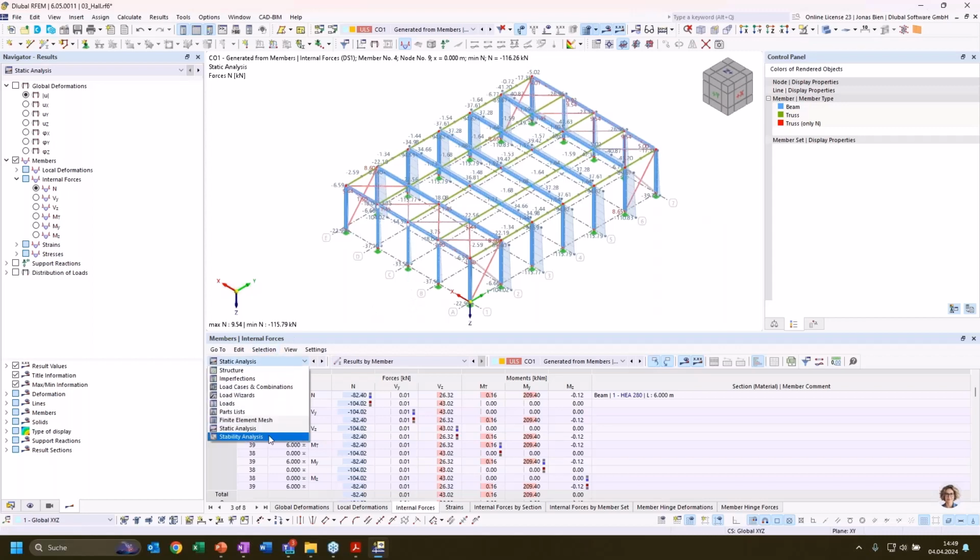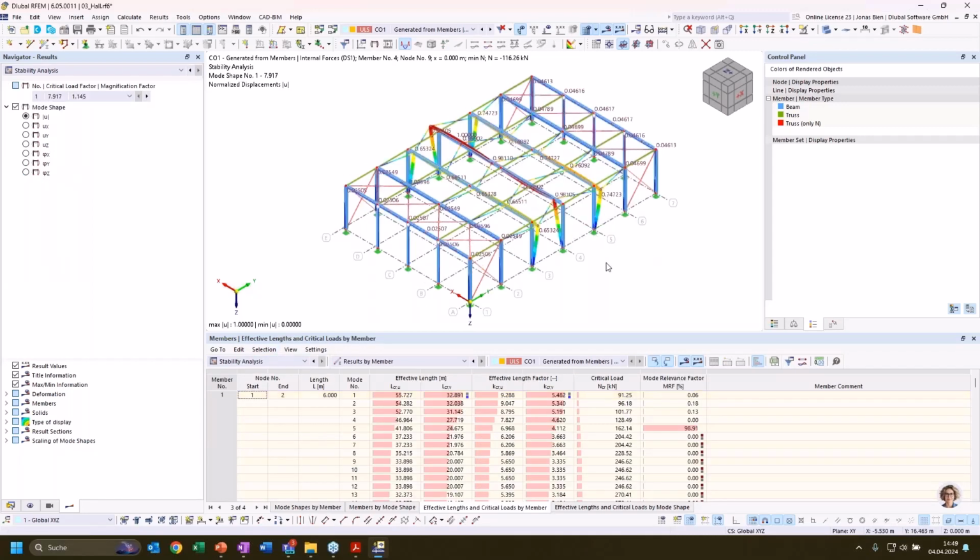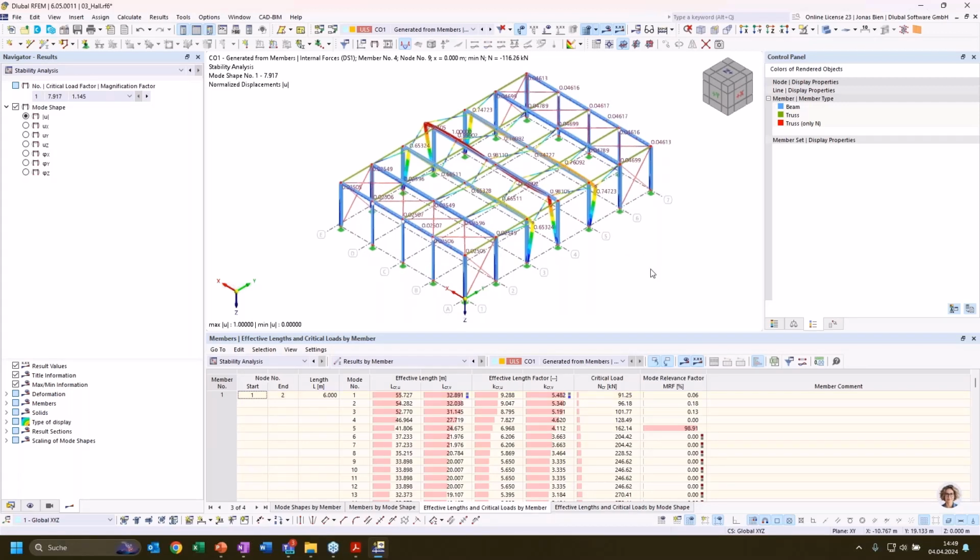And now the second question, after we have sorted the first question, which design situation could be relevant, I would now have to figure out, okay, for this column, which mode shape is the most relevant for the determination of my buckling length.